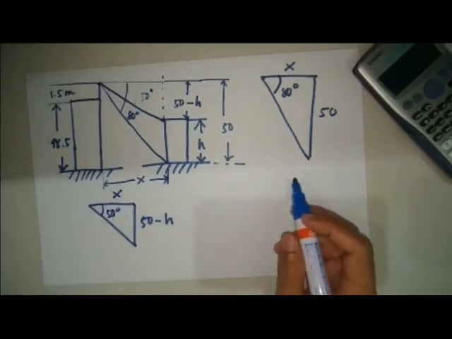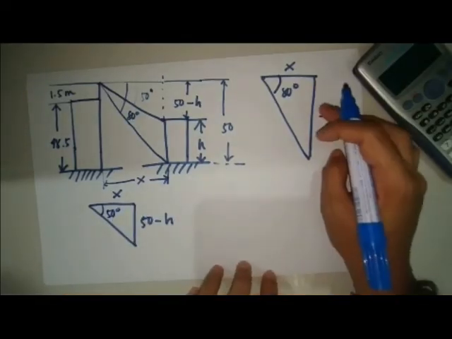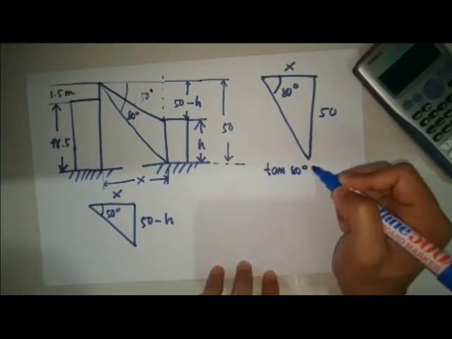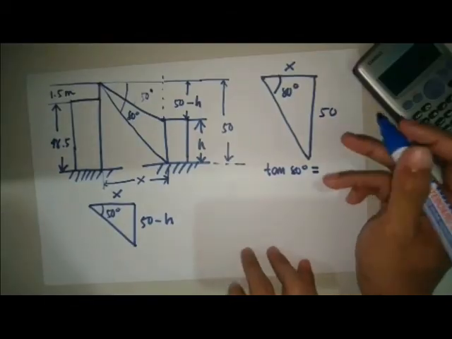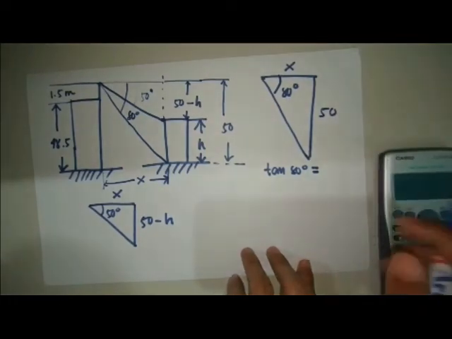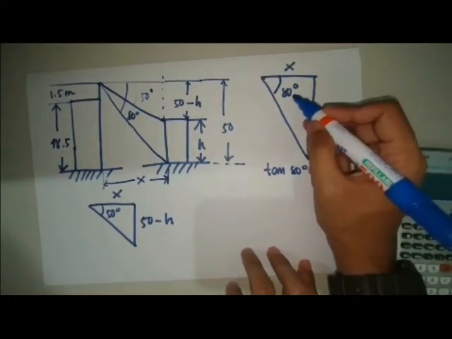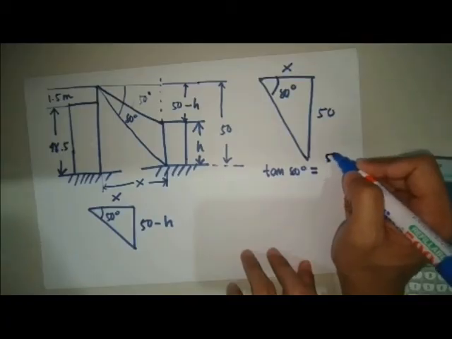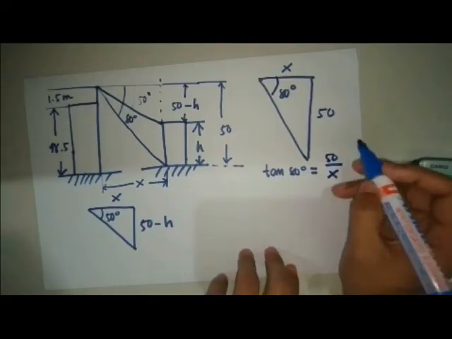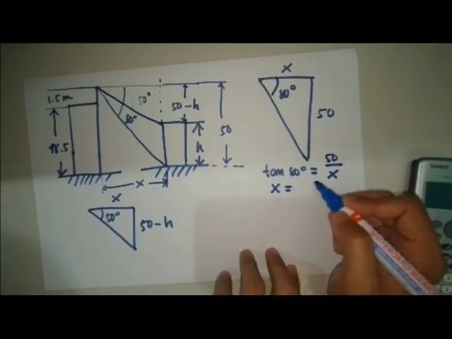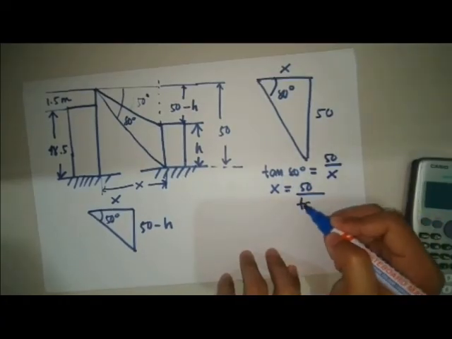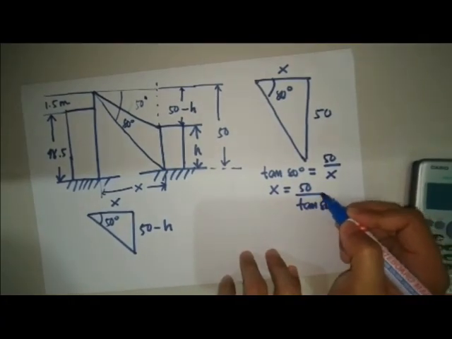Using our first triangle, tangent of 80 degrees equals opposite over adjacent. The side opposite the angle is 50, and the adjacent side is x. So x equals 50 divided by tangent 80 degrees.